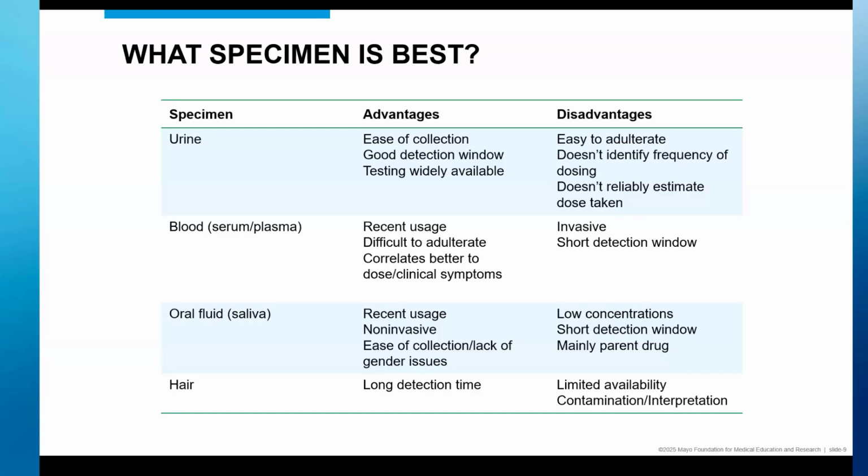And the nice thing about oral fluid, unlike urine, is that the collection process is easier, and if you are doing witness collections, you don't have to worry about gender issues between the collector and the collectee. However, like all tests, there are some challenges with oral fluid in that the detection window is going to be shorter, reflecting that more recent usage, and you're going to mainly see parent drug.